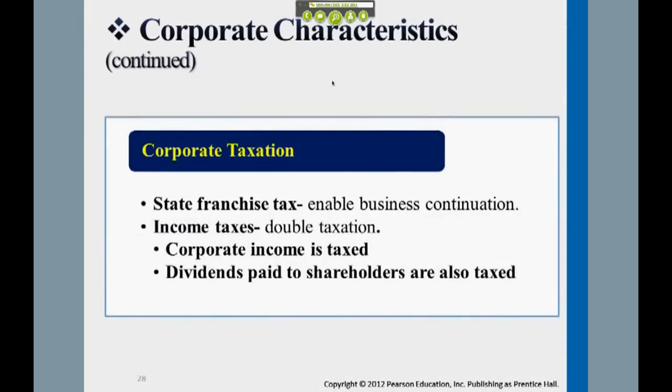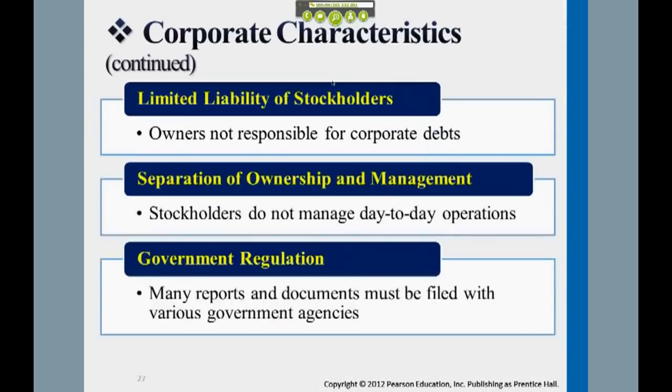There's a few other ones. So limited liability of stockholders goes back to what I mentioned earlier, and most we can lose is the money that you invested in the company. You will not be responsible for any debt that happens in the business or the debt that you see in the financial statements. Okay, so there's only limited liability for you and me if we do purchase stock from a certain company.